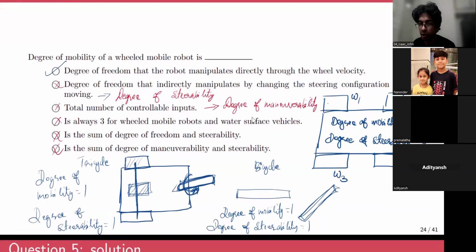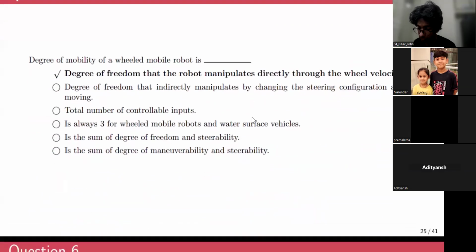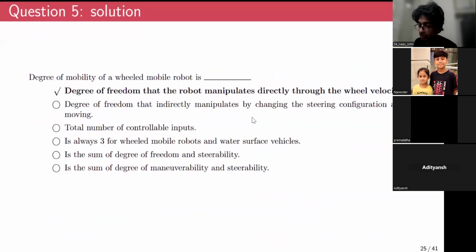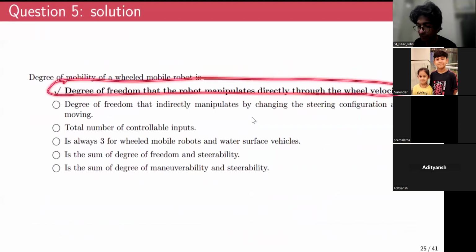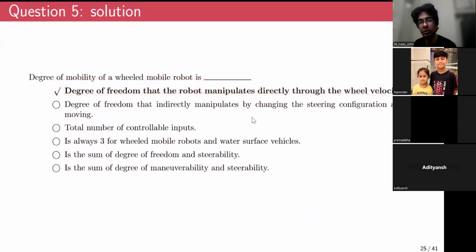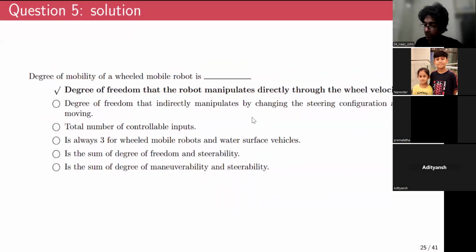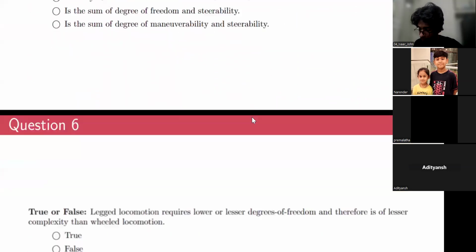If there is no conflict, we can check the answer. Option A is the only correct answer, because this is essentially the definition of degree of mobility. We have seen it in the previous slides. That is degree of mobility by definition.